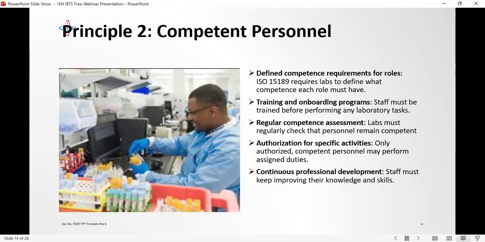Hence, the need to have regular competency assessment with respect to, are they doing this thing that we say we do, or has anything changed that we need to change, and retrain people that this is what is happening now. Then authorization for specific activities. For instance, a lab technician runs a test and gets a result of 7 for potassium.